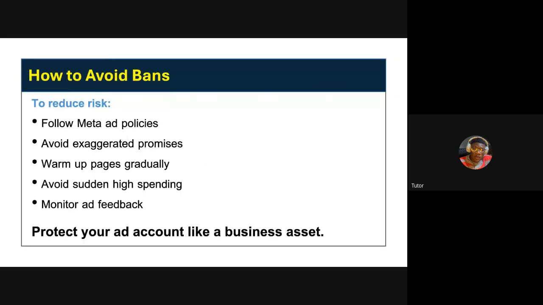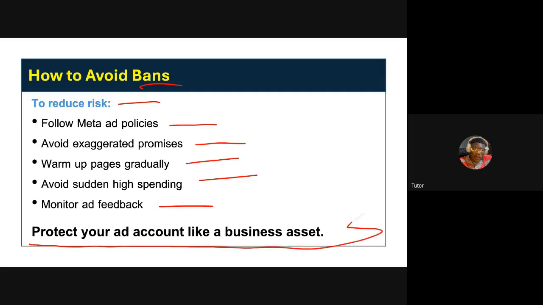Now, how to avoid bans? How to avoid Facebook banning your ad account? To reduce risk, follow Meta ad policies. Avoid exaggerated promises. Warm up pages gradually. Avoid sudden high spending. Monitor ad feedback. Okay? Protect your ad account like a business asset.